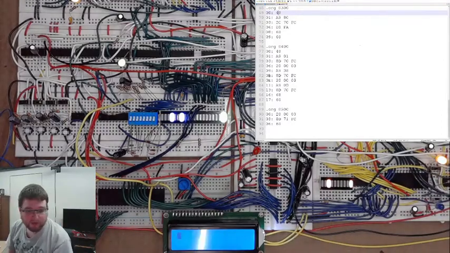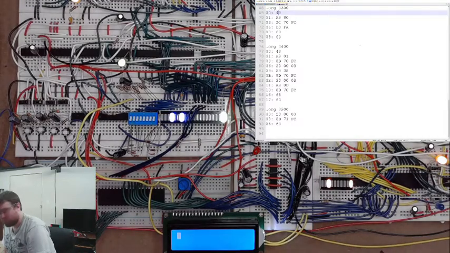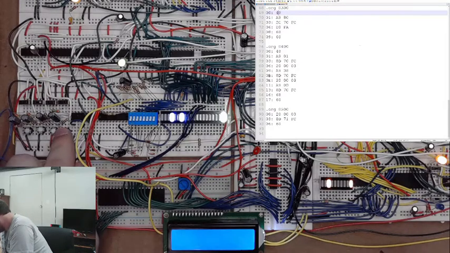Okay, so this one starts out with 4, 8, just like everybody else. Yep. A9. Okay. 1, 8D. 7, 0.